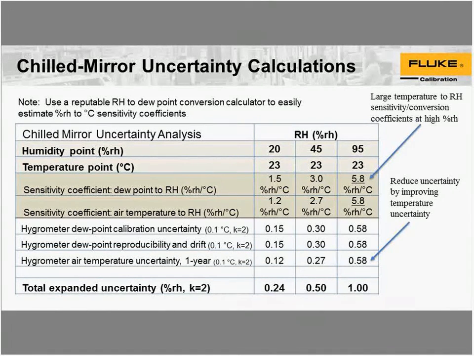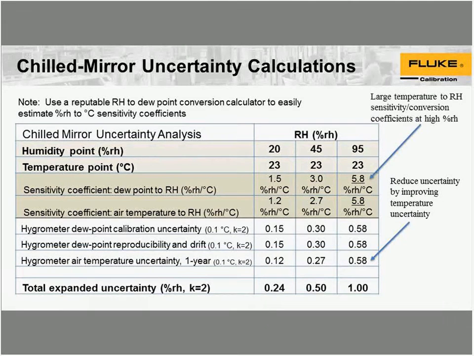The easiest way to get these values is to go out on the web and find a reputable source that has a dew point to humidity calculator. And then you can experimentally load different values for dew point and see what the change in humidity is. It's a fun exercise so that you can determine the sensitivity of temperature to %RH or %RH to temperature.